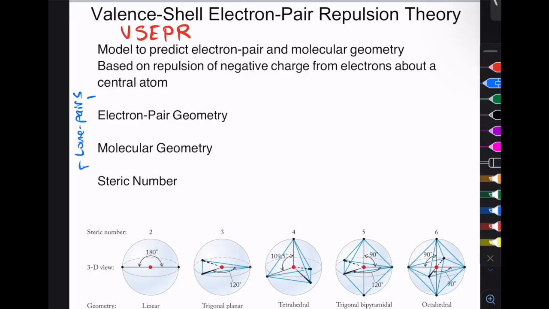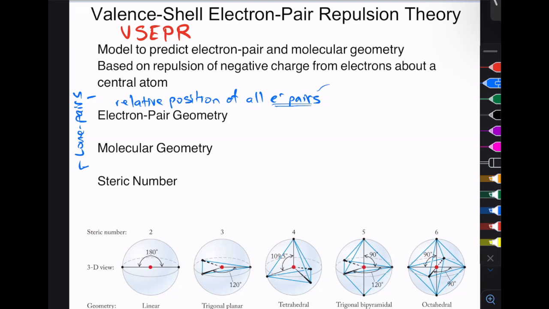Okay, but the electron pair geometry, this is going to be the relative position of all of the electron pairs. And remember that your electron pairs, they can either be a bonding pair or a non-bonding pair.